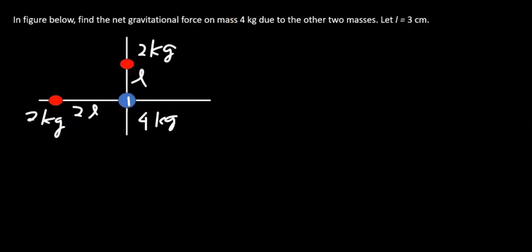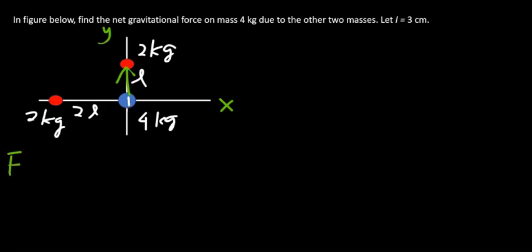So let's do the contribution from the 2 kg object on the y-axis, y being the vertical axis, x being the horizontal axis. Since gravitational force is attractive in nature, the 4 kg object will be pulled by the 2 kg object vertically up.